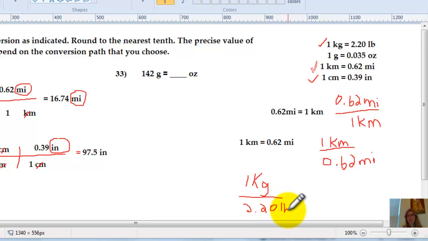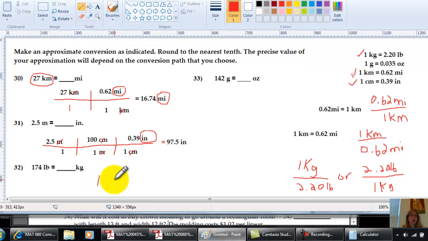Or it can go 2.20 pound. Okay, let's set up our dimensional analysis. And this way, we have 1 conversion, so we only need 1.